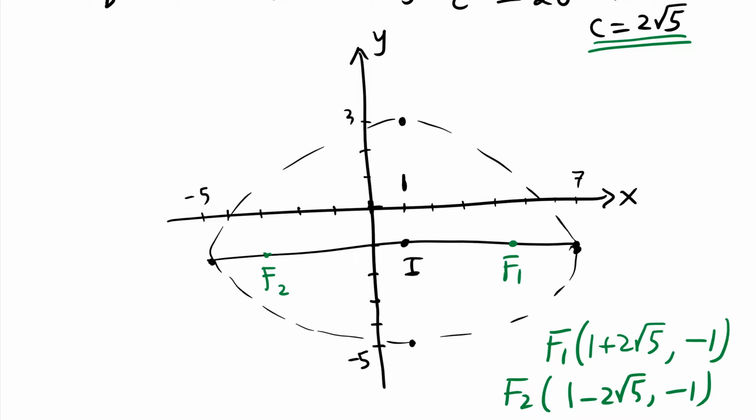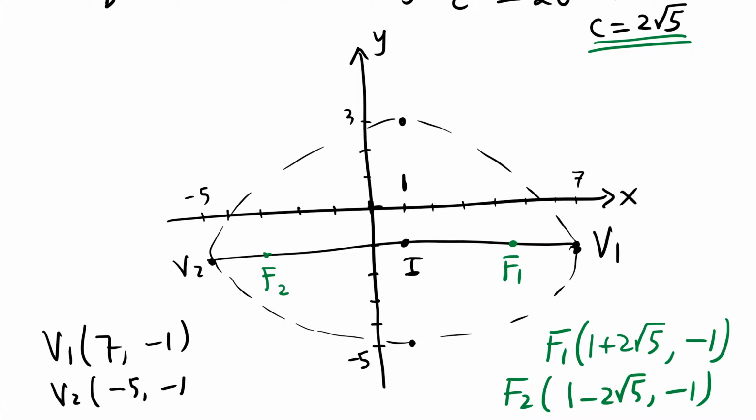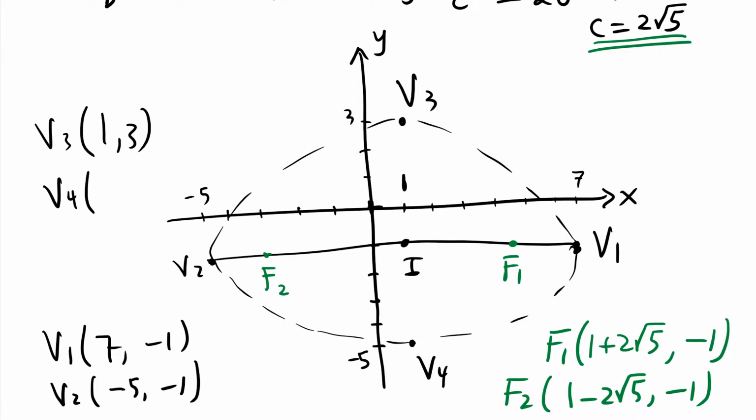If you want to find the vertices, call them V1 and V2. V1 has coordinates 7, negative 1. V2 is negative 5, negative 1. I recommend using graphing paper. It helps to see it better than the way we have it here. If you're asked to find the co-vertices V3 and V4, V3 has coordinates 1, 3, and V4 has coordinates 1, negative 5.